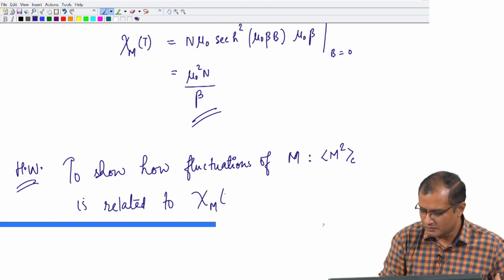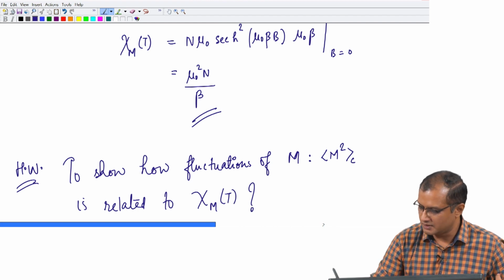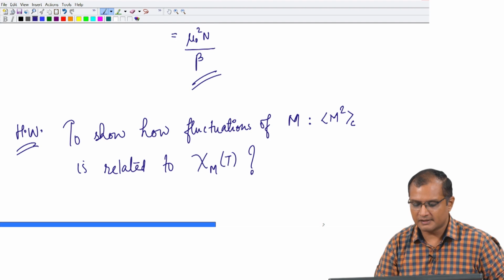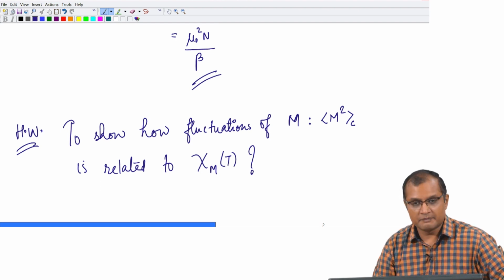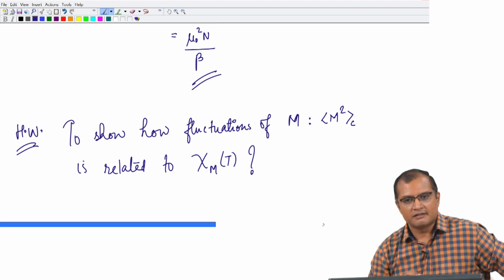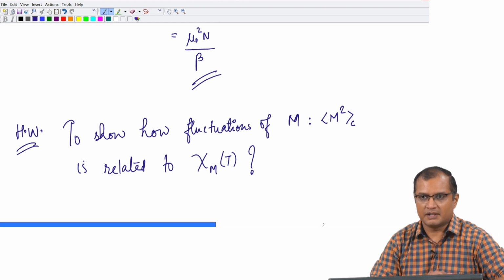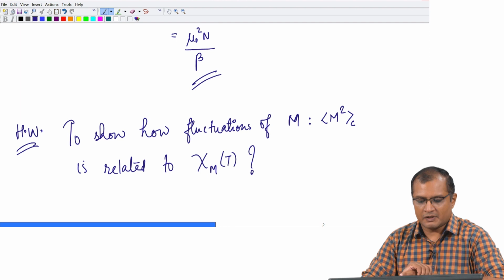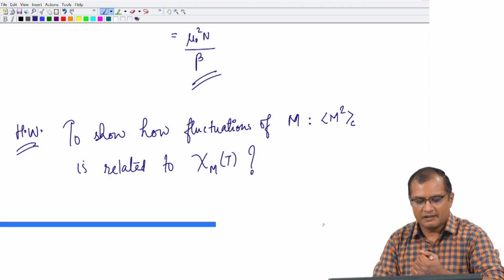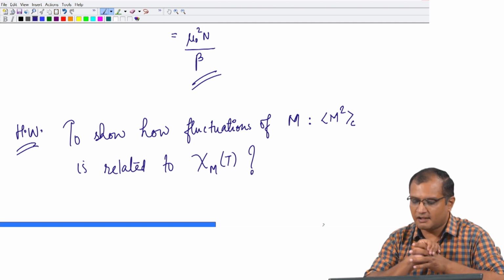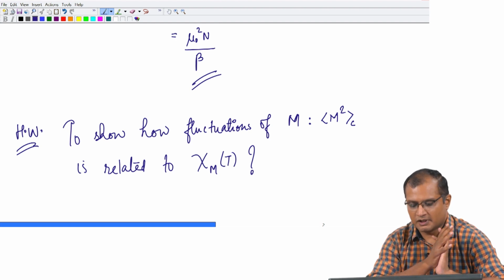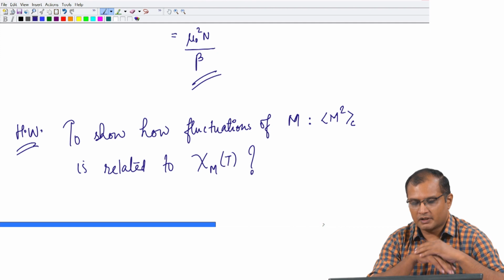So, that is your homework task. You can do this exercise and learn something about fluctuations in the magnetic system. You will be surprised to learn, or you would be happy to see, that these fluctuations again have a very important meaning in the canonical ensemble when quantities are not really conserved.